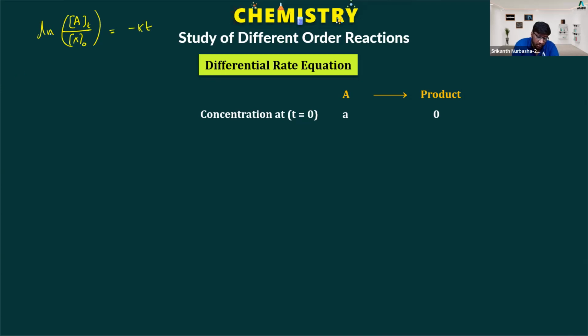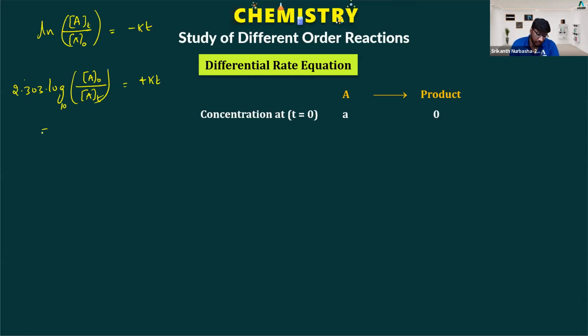I can rearrange this equation as logarithm. Like I can take the reciprocal, so I can convert the minus sign to plus sign. So 2.303 logarithm of concentration of A at time t is equal to 0 by concentration of A at time t is equals to plus k into t. I have reciprocal and I have multiplied with 2.303. So I have written logarithm.